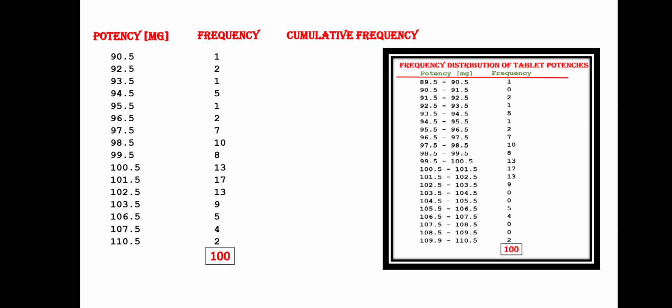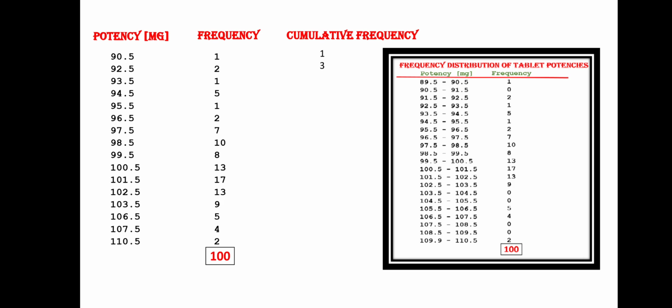Cumulative frequency of 90.5 means how many tablets have potency less than 90.5? Just one. Next, how many tablets have potency less than 92.5? We'll have 2 plus 1, that is 3, because less than 92.5 obviously includes less than 90.5 also.